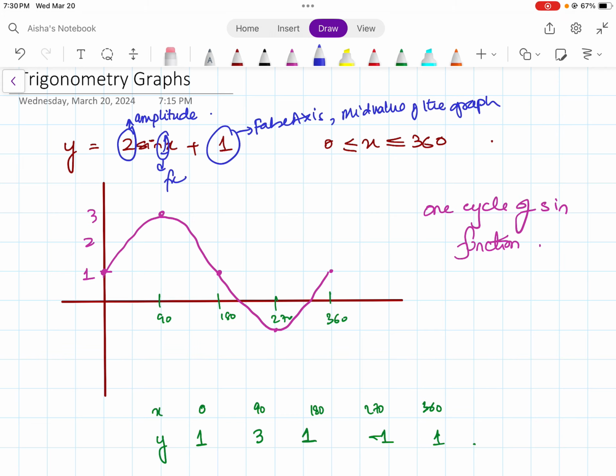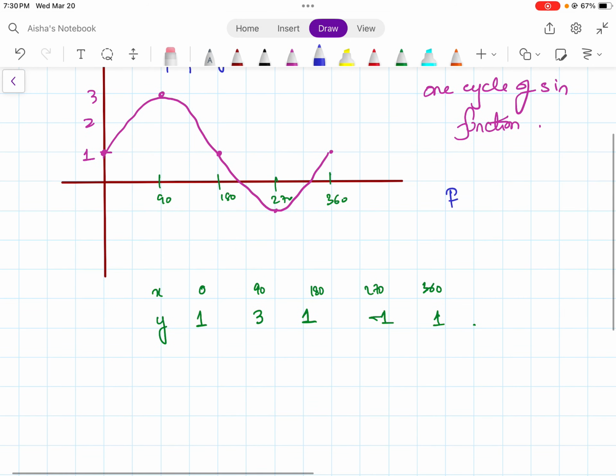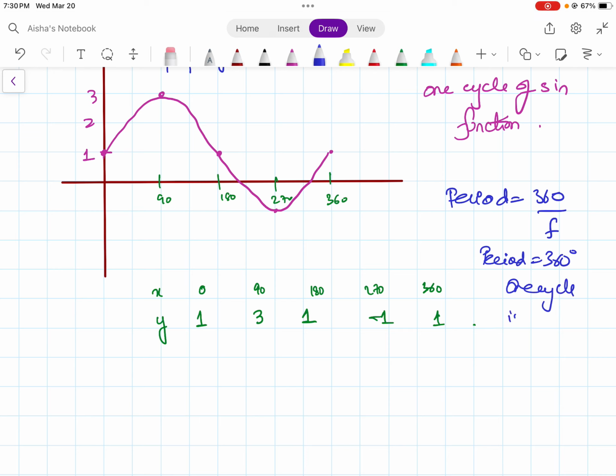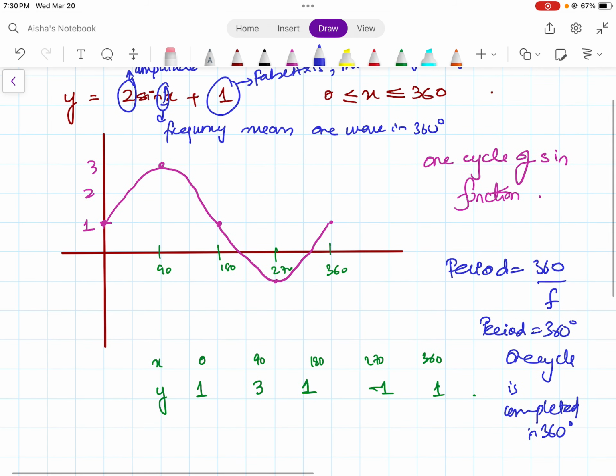This is the frequency. Frequency means one wave in 360 degrees. What is the period? The period is 360 divided by frequency. Here the frequency was 1, so it means one cycle is completed in 360 degrees. Now this is not the basic sine graph.